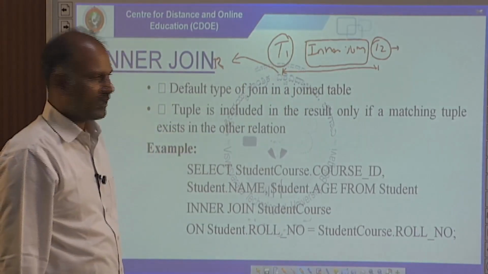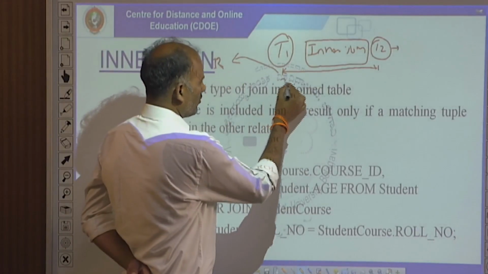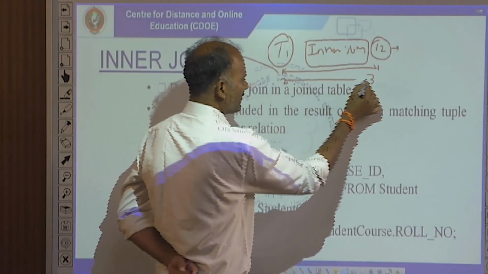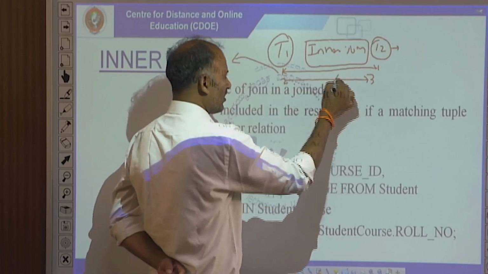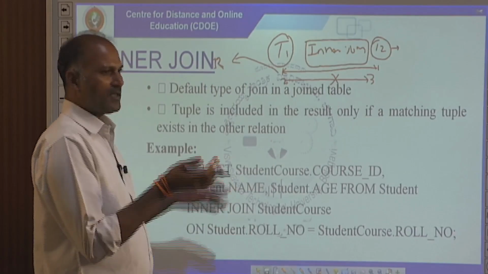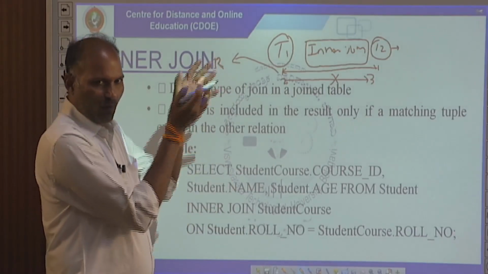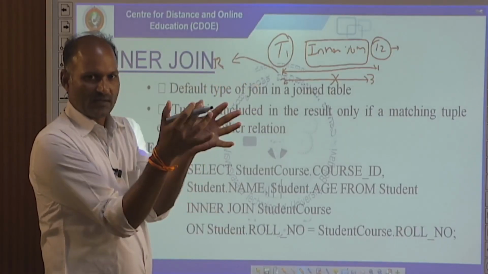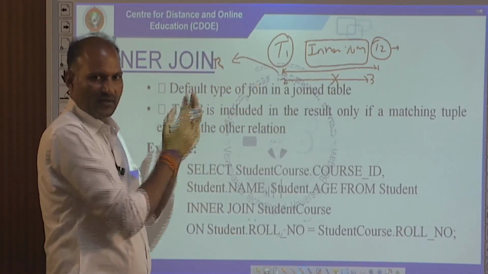Suppose 2 is not matching, then that record will not be returned. Inner join compares the data from the first table to the data of the second table. If both are matched, then the respective records will be returned.